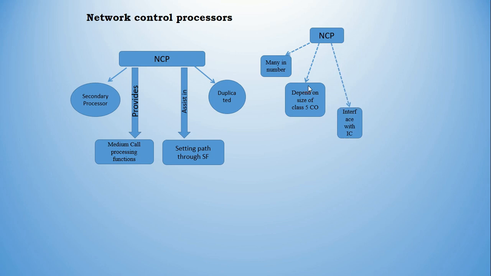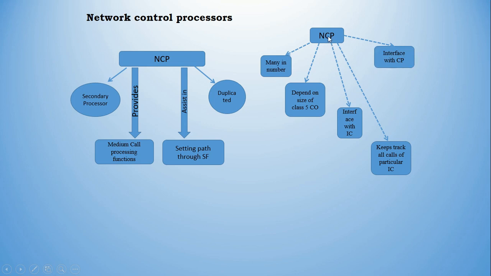And afterwards it may depend on the interface with IC, because for one IC you may have 4 modules, and all those n number of ICs are connected to NCP, so it also depends on the number of modules connected to IC. Then afterwards it keeps track of all calls connected to IC, because after NCP the next level is IC, so it has to keep track of all the calls related to IC.